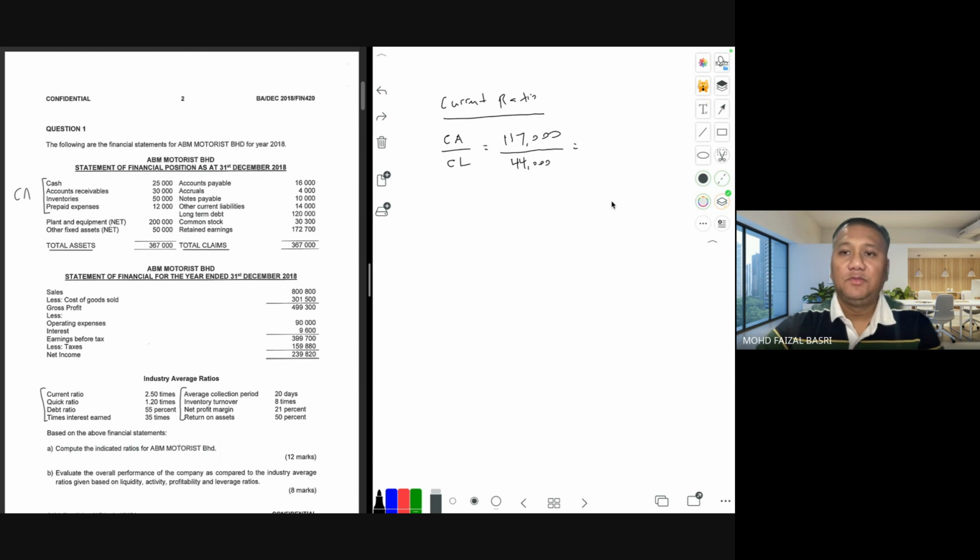Here you get about 2.66 times. So what does it mean? If you don't write X, you can write it in full too.